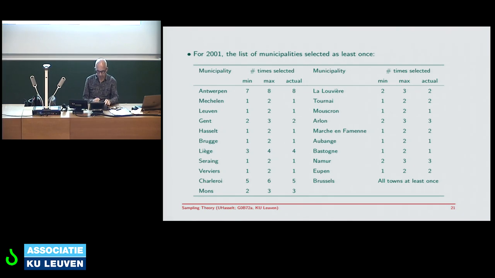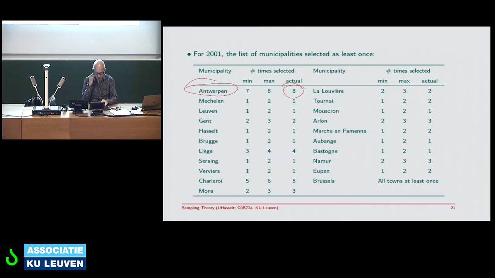It's a bit bigger for Antwerp in 2001, because we have, in that case, oversampling, and the province of Antwerp gets a higher sample size, so therefore it also gets a higher selection probability for its towns. Antwerp could have been 7, could have been 8, nothing else, not 6, not 9. The actual selection meant 8. So it's stochastic which one of the two is going to be, as we just discussed.